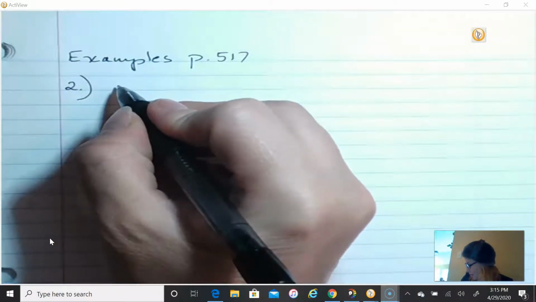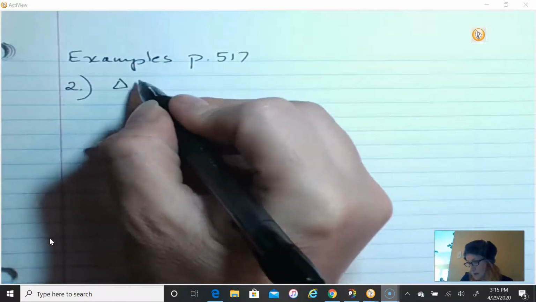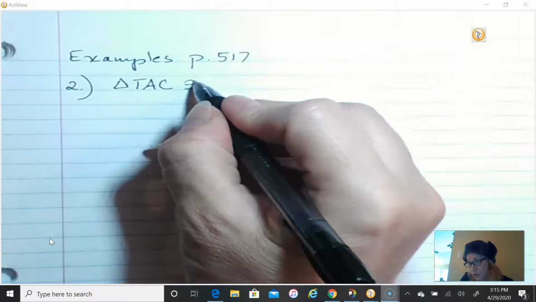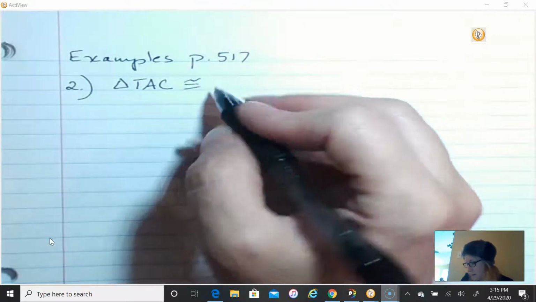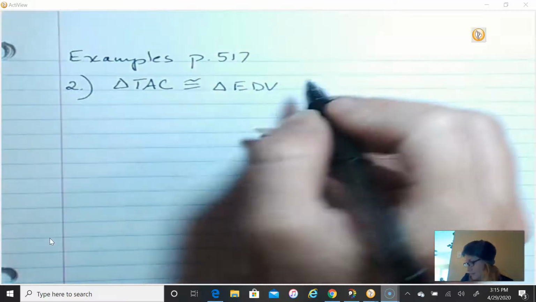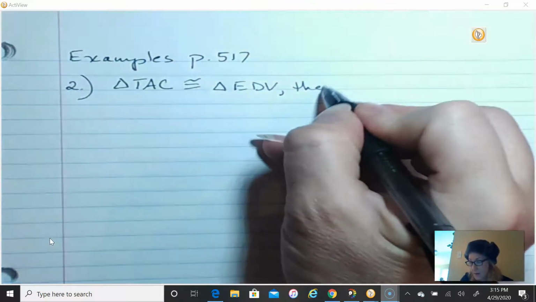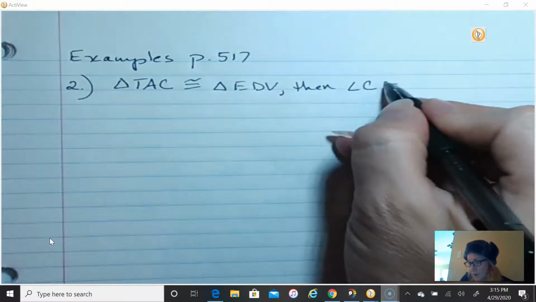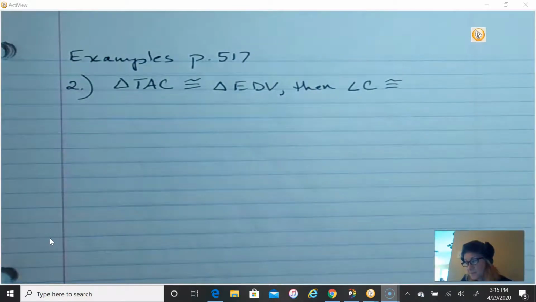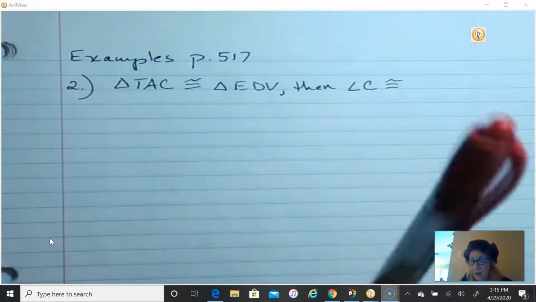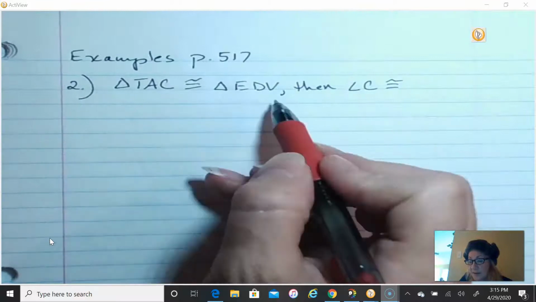if triangle TAC is congruent, that means the exact same, to triangle EDV, then angle C is congruent to which angle? So if these are the same, remember how I said they had to be lined up the same?